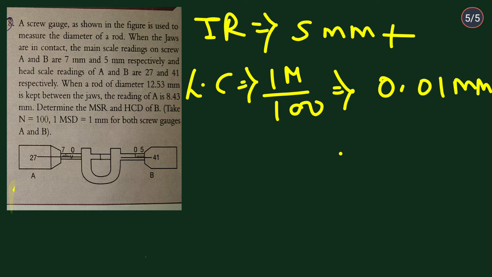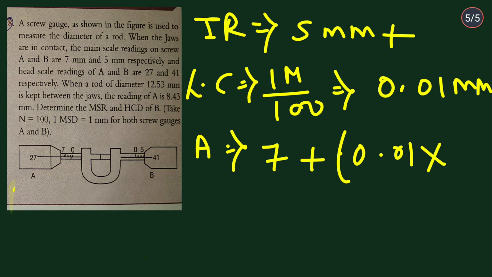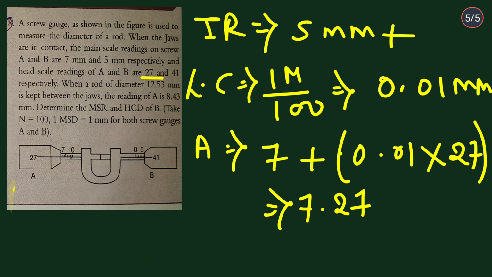Hence for A, the main scale reading is 7 millimeter, plus least count 0.01 millimeter into the coinciding head scale division, 27. So 7.27 millimeter is the initial reading of A.